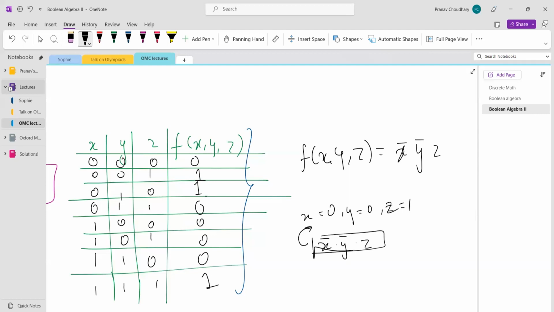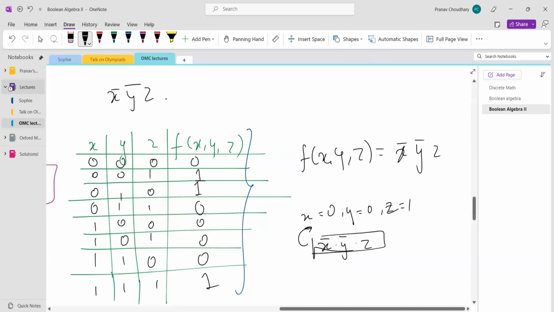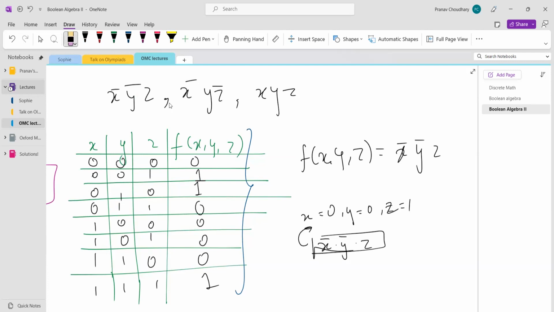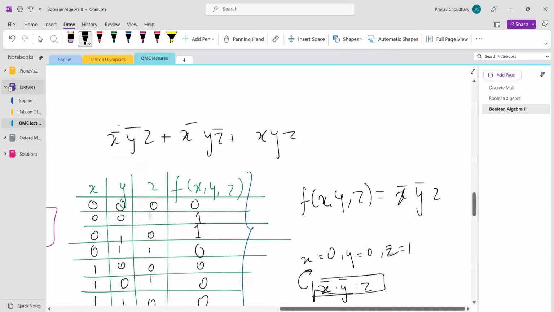So if you consider the terms x conjugate, y conjugate, z, for this 0, 1, 0 we consider x conjugate, y, z conjugate. And for 1, 1, 1, we just consider x, y, z. And we take the sum of these 3 things. See, this becomes 1 at the point 0, 0, 1. This becomes 1 at point 0, 1, 0.